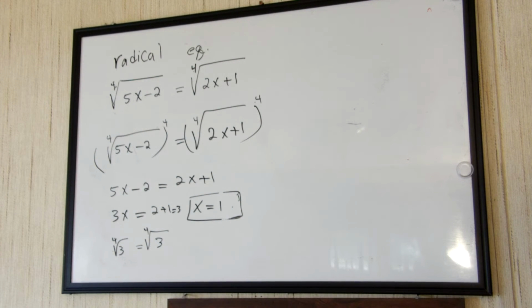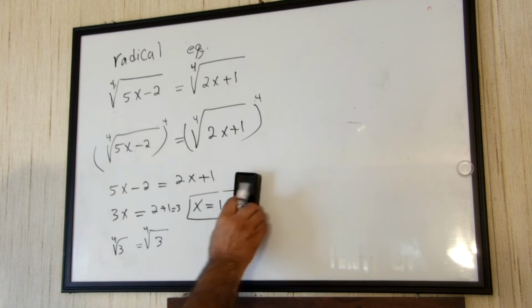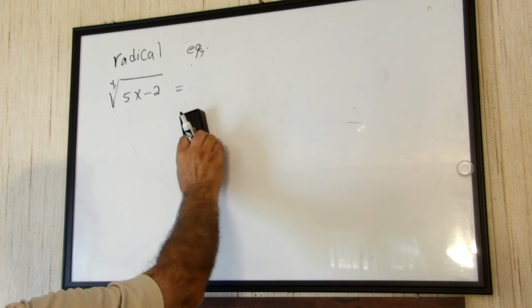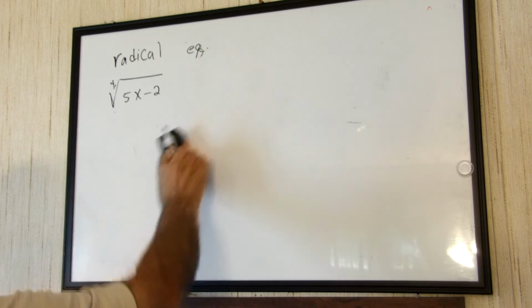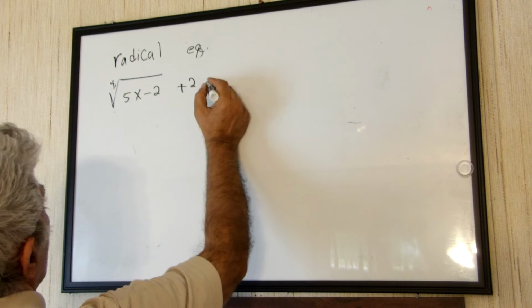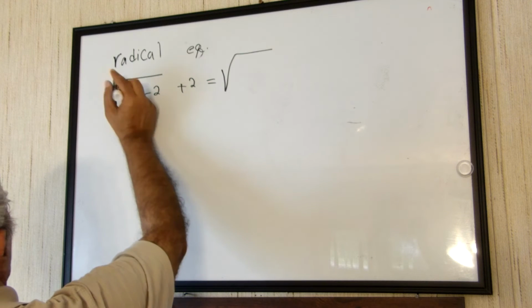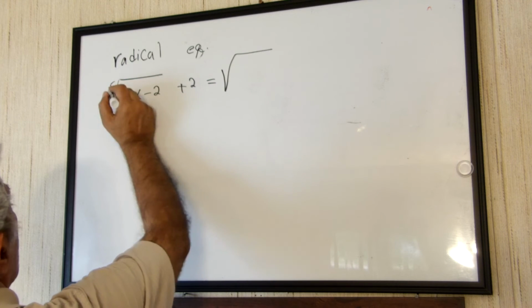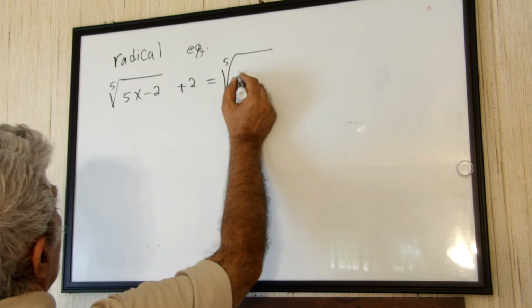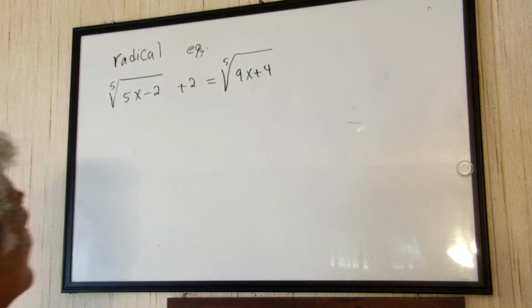So let's see, if you have a plus 2 here is equal to the square root of, I don't know, 9x plus 4, for example.